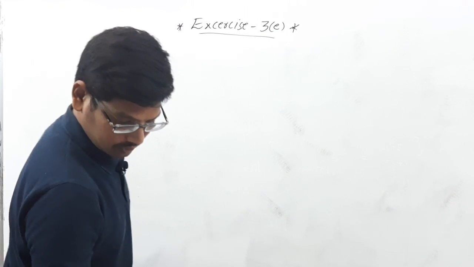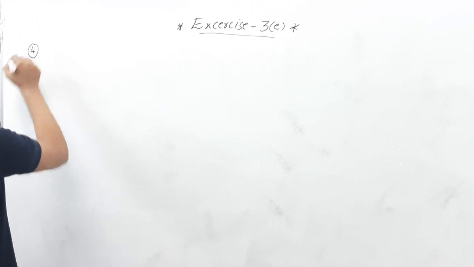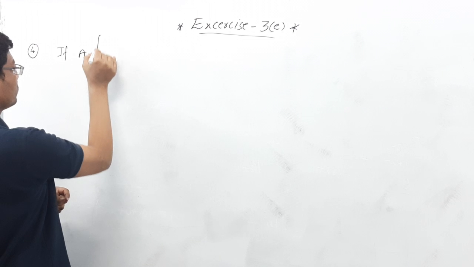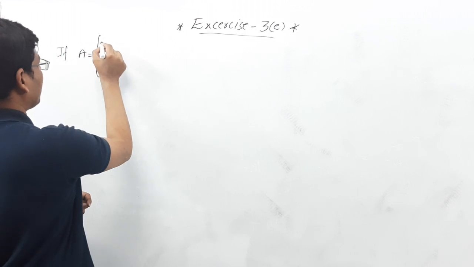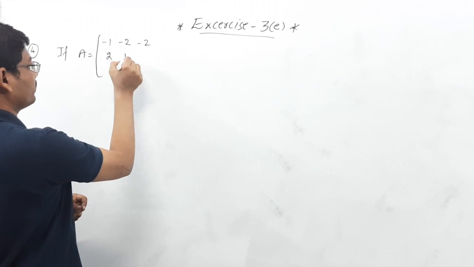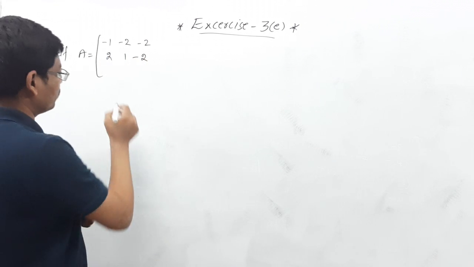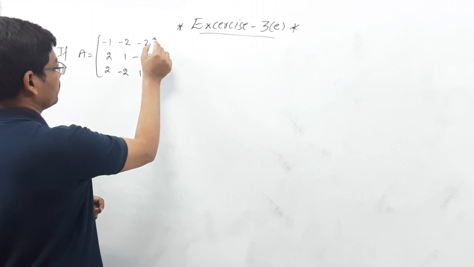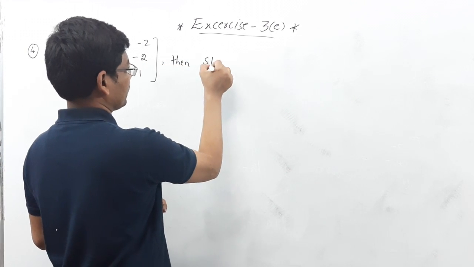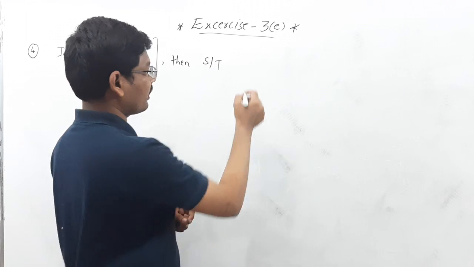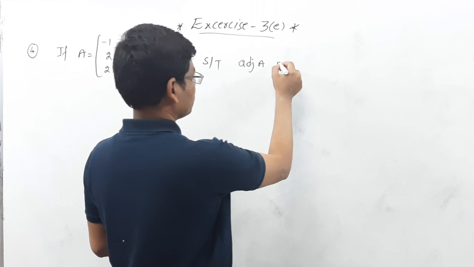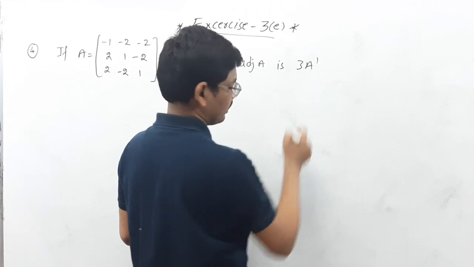Fourth question is given. If A is equal to minus 1, minus 2, minus 2, and 2, 1, minus 2, and then 2, minus 2, 1, then show that adjoint of A is 3A dash.